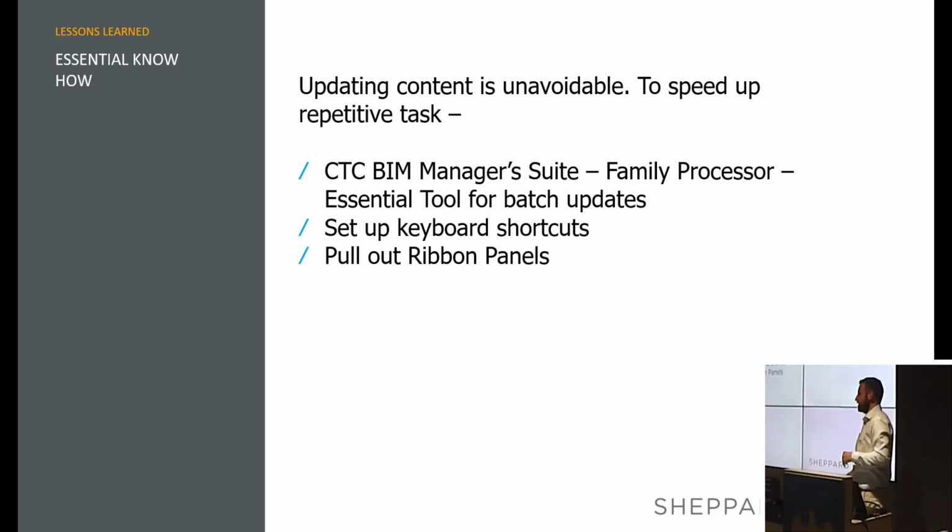So you make changes across there, and then you roll it out across the practice and realise you've got to make changes again, and that's the point where you've got to change everything. So if you're going through 190 different doors, then you want to do it as quickly as possible. So using things like keyboard shortcuts and pulling out panels from the ribbon so they're stuck on the screen, so you don't have to worry about clicking tabs, it saves those valuable seconds.